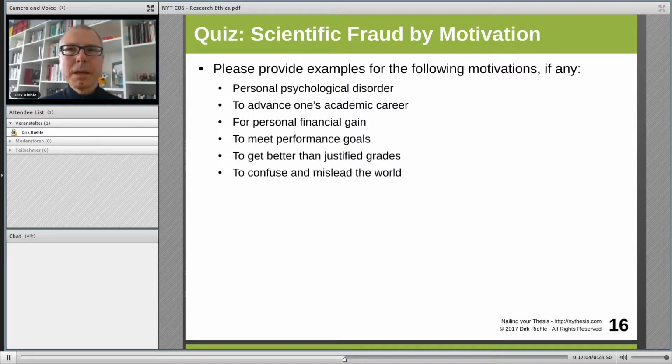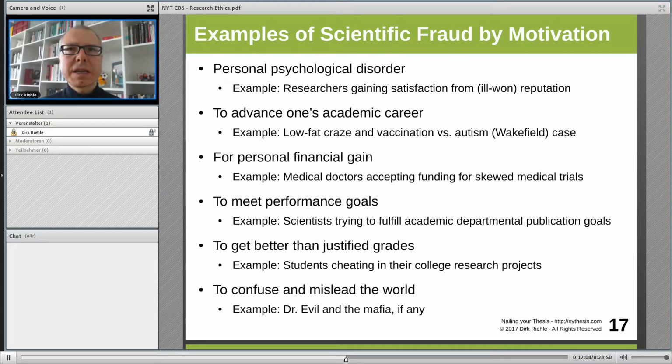All right, so I hope you had a good discussion. So here are some examples that I thought of. Well, personal psychological disorder. I don't mean it here as a clinical term. I'm not a medical doctor or a psychiatrist. I simply mean someone faking research because even though the reputation they gain is ultimately fake, they psychologically benefit or feel good about that reputation gain.